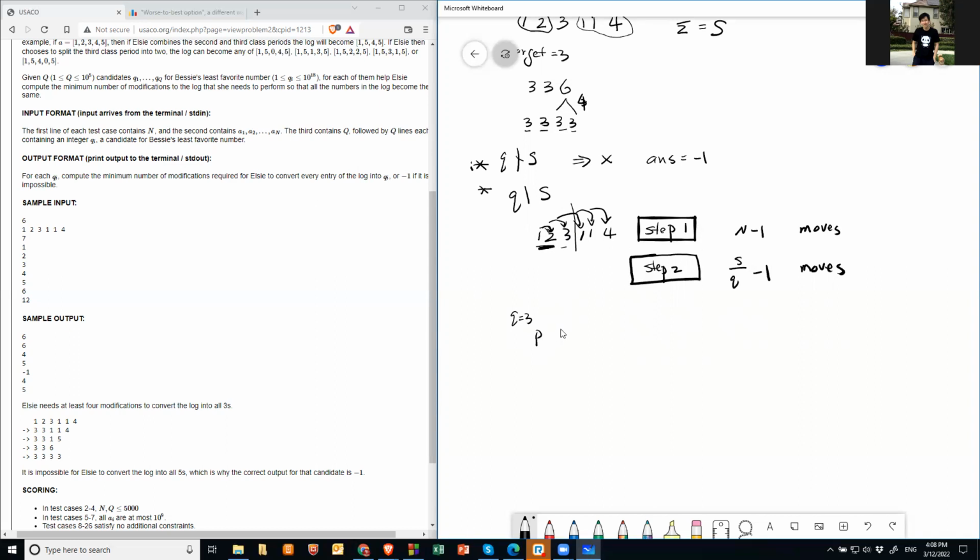Let's call it the prefix sum. The prefix sum of i is the sum of A of k, for k from 1 to i.